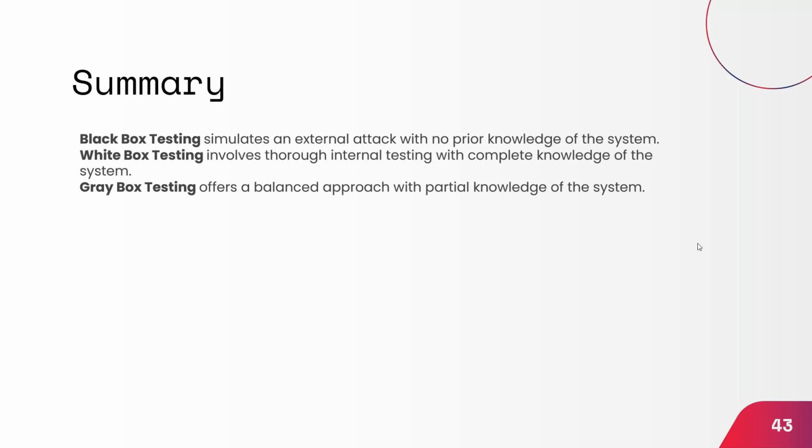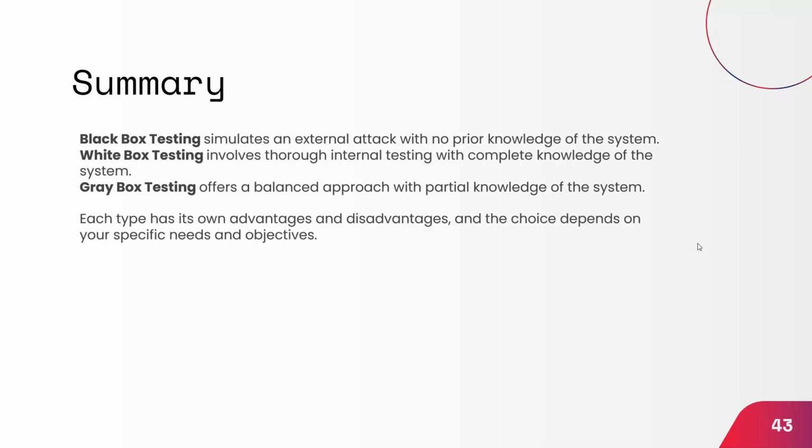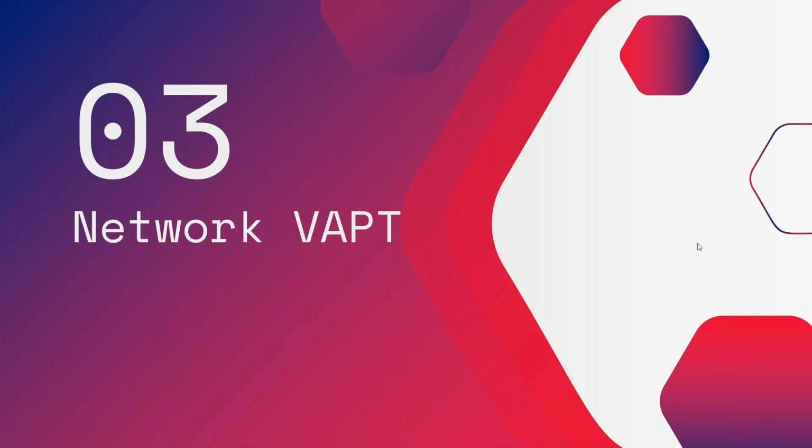White box involves thorough internal testing with complete knowledge of the system. A gray box is a balanced approach with partial information, right? So each type of testing has its own advantages and disadvantages, and the choice depending on your specific needs and objectives can change, right?